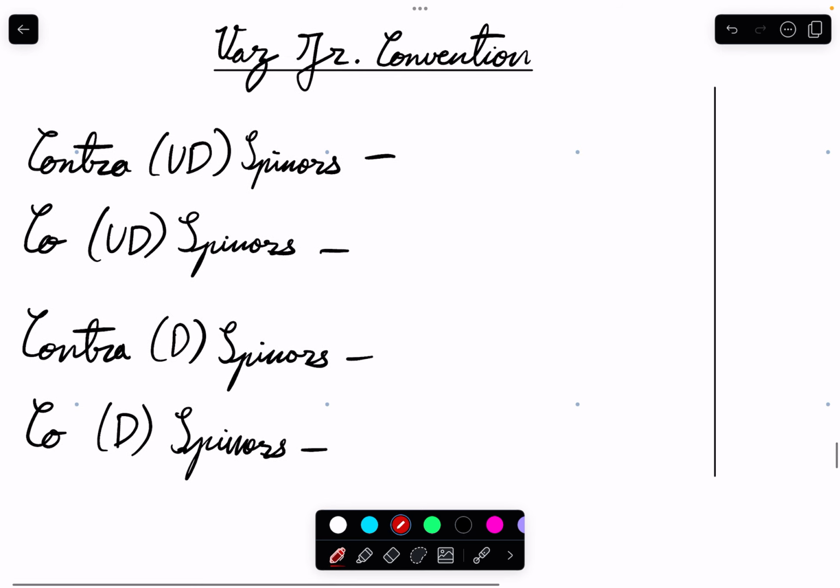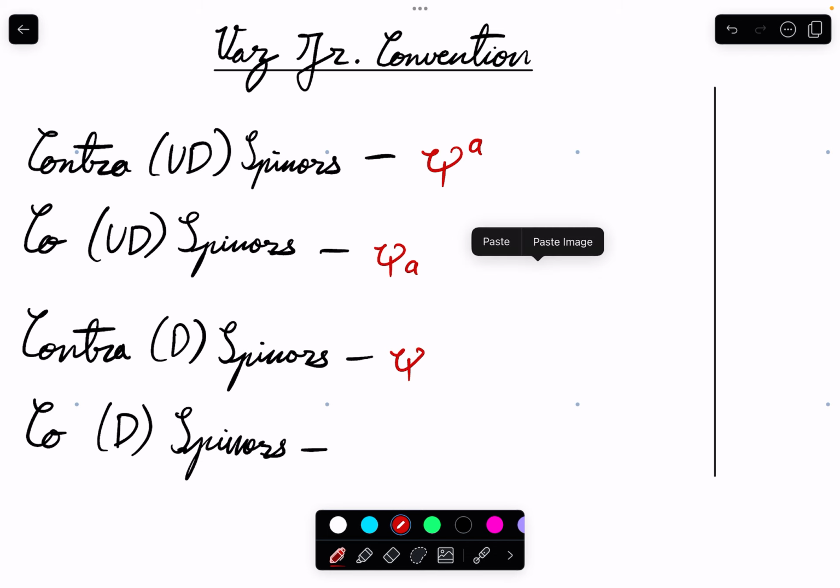So in this convention, the contravariant undotted spinor has an index like this. The covariant has an index that's lowered, and the dotted ones have something raised, something lowered.